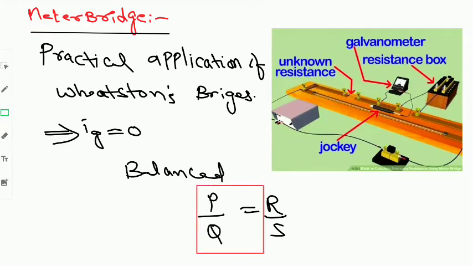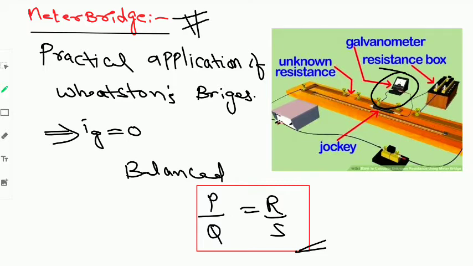The meter bridge also works on the principle of the Wheatstone bridge: when the current through the galvanometer is 0, we achieve the balanced condition P by Q equal to R by S. Based on this principle only, the meter bridge works.